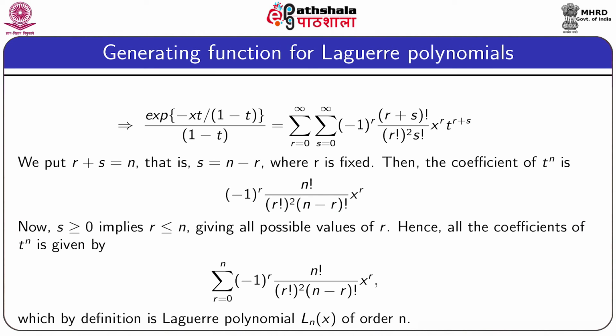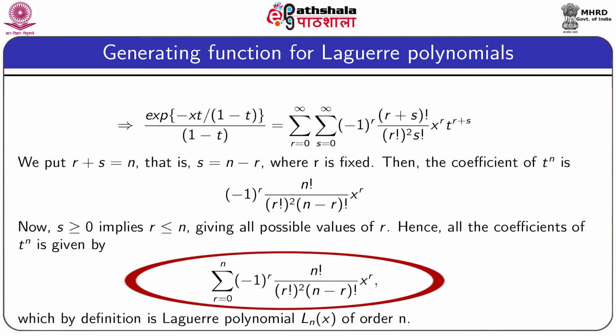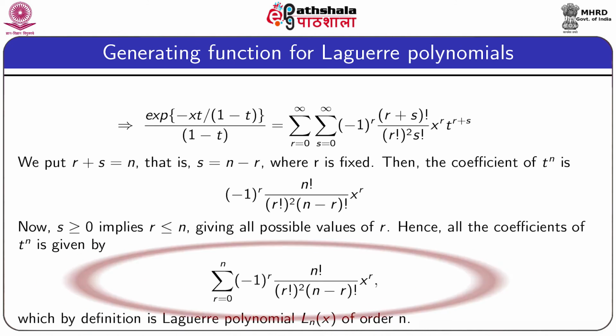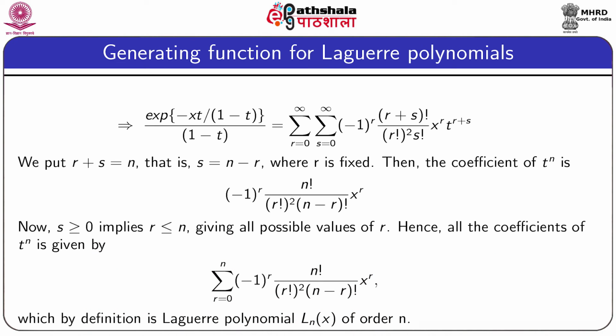Hence, all the coefficient of t to the power n is given by summation r equal to 0 to n minus 1 whole to the power r into n factorial divided by r factorial square into n minus r factorial into x to the power r, which by definition is Laguerre's polynomial ln x of order n.